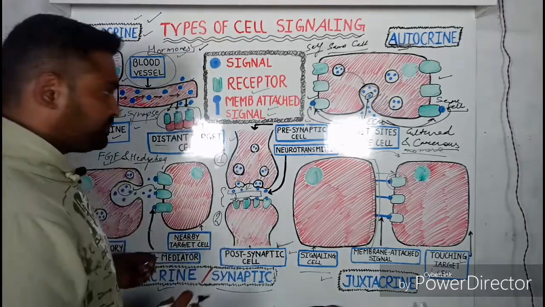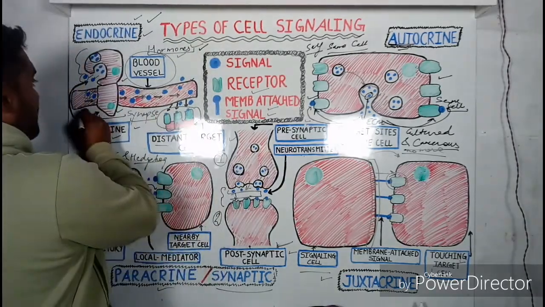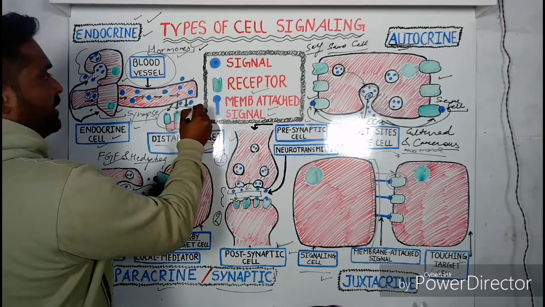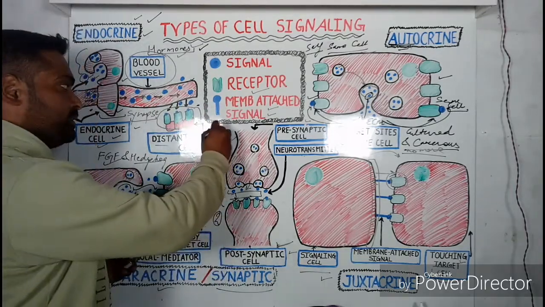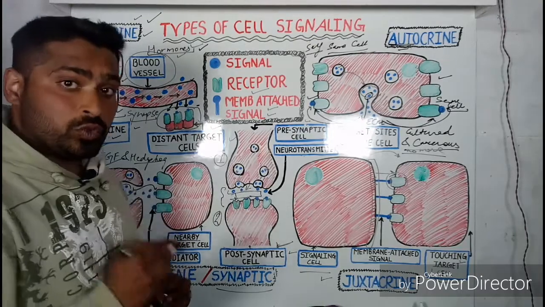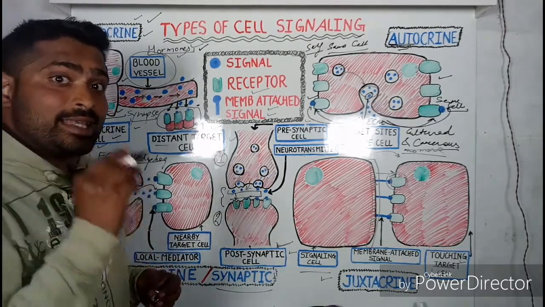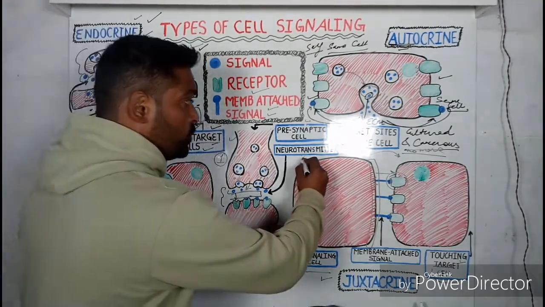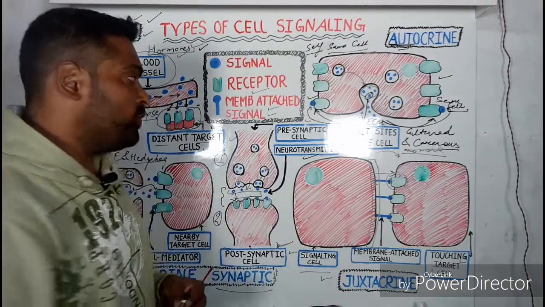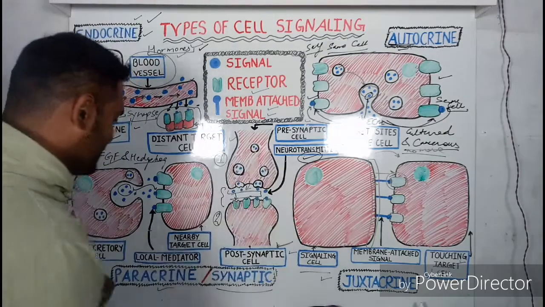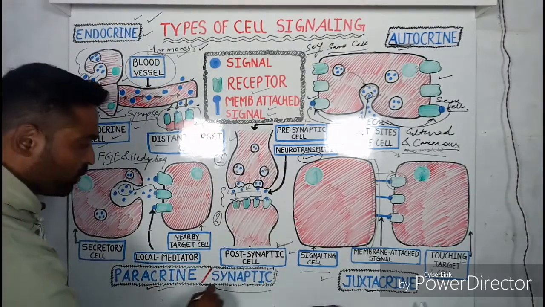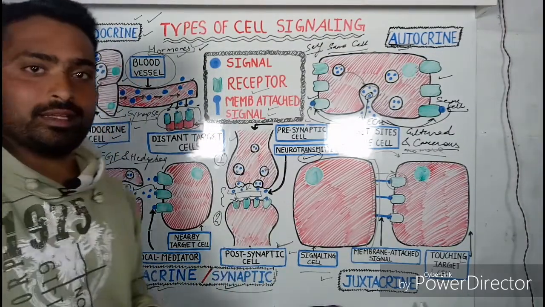We have seen that. So it has to travel from here to here. It travels a long distance to reach the target cells. But the same molecule is also acting as a neurotransmitter. So when it acts as a neurotransmitter, it is involved in paracrine or synaptic signaling.